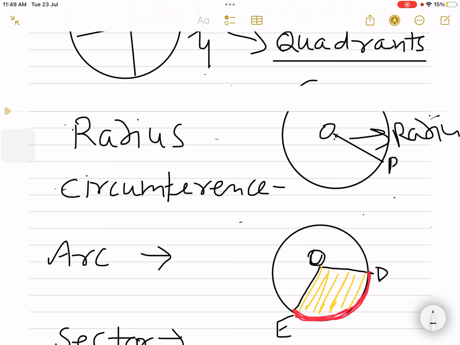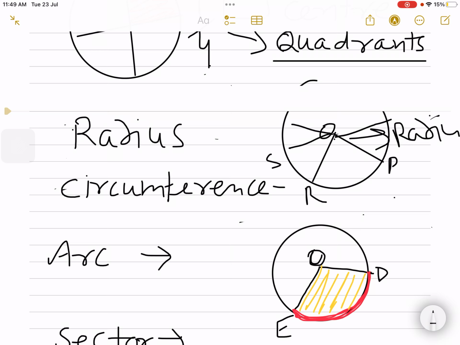From the center of the circle, you can draw the line which attached to the boundary line of the circle. In each circle there are the infinite radius. So OP we can name it like OP, OR, OS. It's according to you, which you feel better, you can write the alphabet name like.